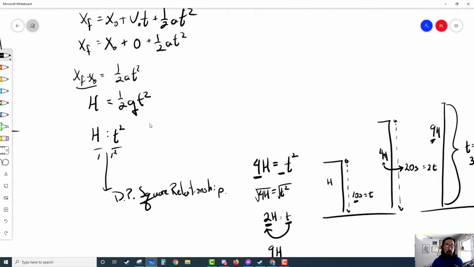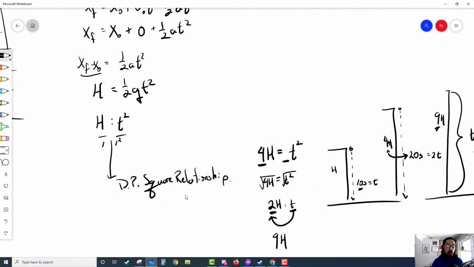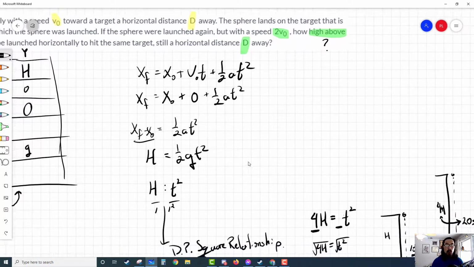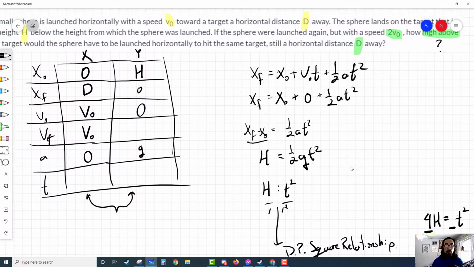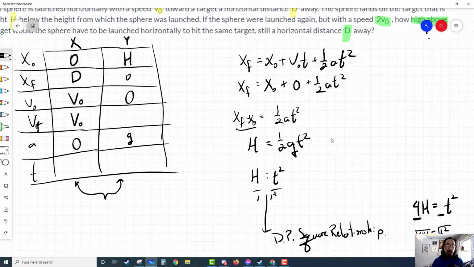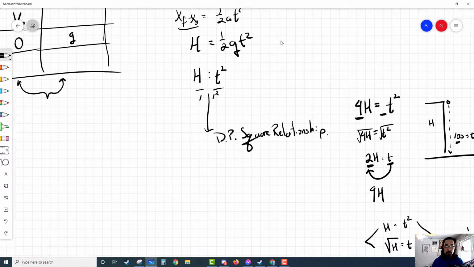So we know that height and time have this unique square relationship, and that's one relationship that pops up often. Now, if we take a look here, it says that we still want to land at a distance d away. So how should we change our height?